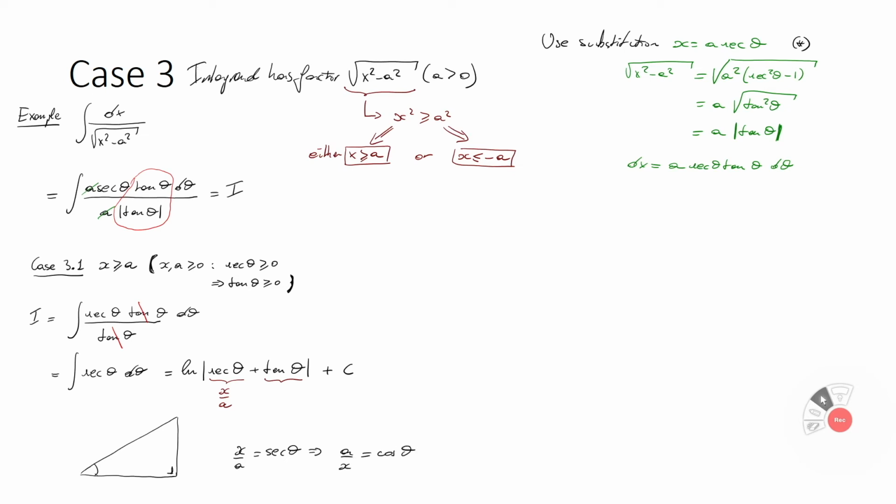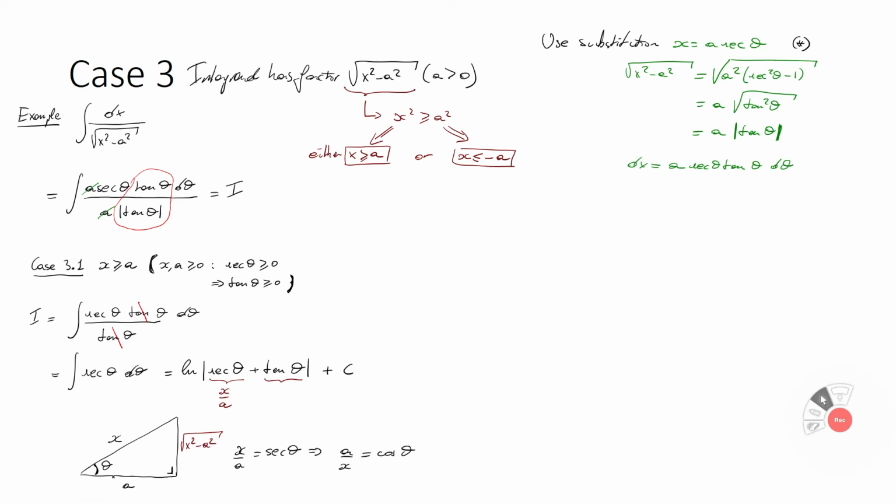And we can represent that graphically. If this angle is theta, then the adjacent side is a, the hypotenuse is x, and the other side, the opposite, is the square root of x squared minus a squared.